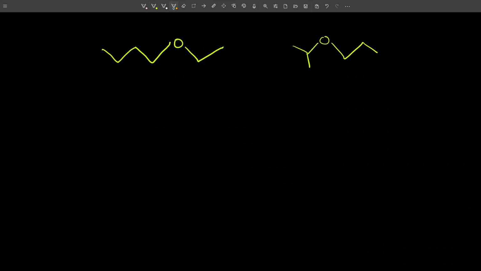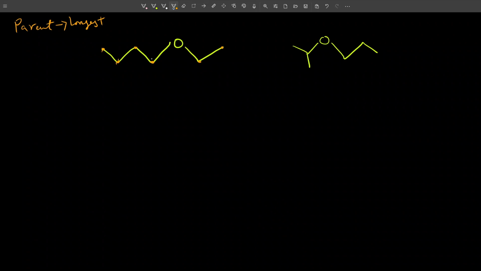Okay, so let's take a look at these ethers. They are ethers, right? Because we have alkyl on both ends connected by an oxygen atom, which is oxy. I mentioned that already. So let's name this using IUPAC nomenclature. The first thing you have to do is identify the parent chain, which is the longest carbon chain. On the right-hand side, we only have two carbon atoms.